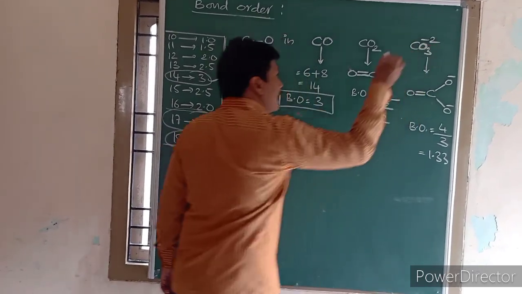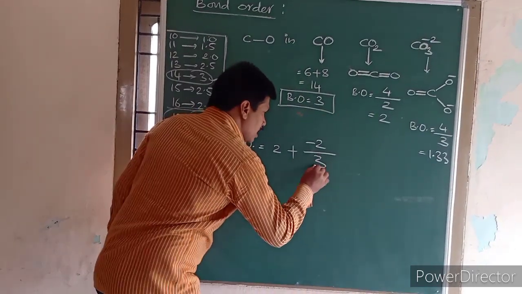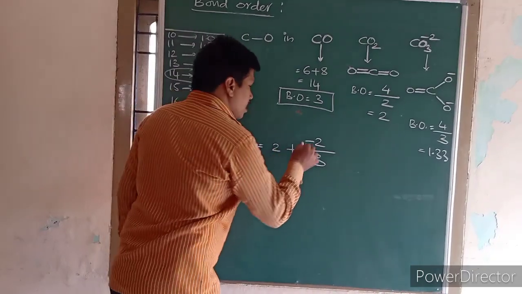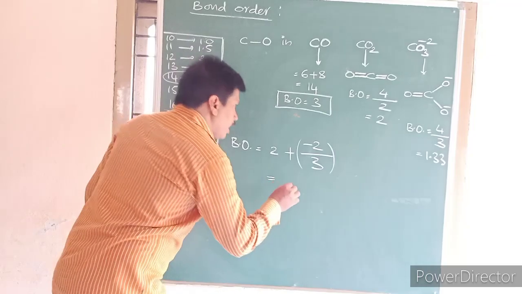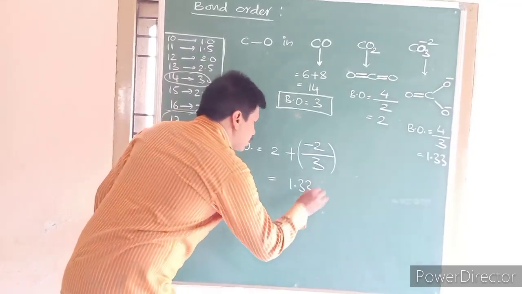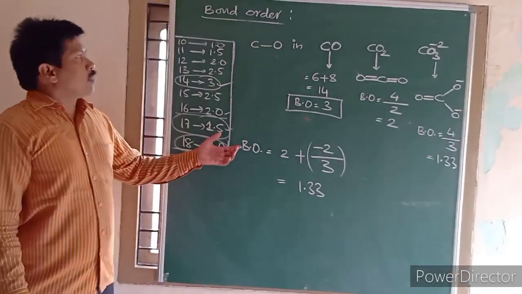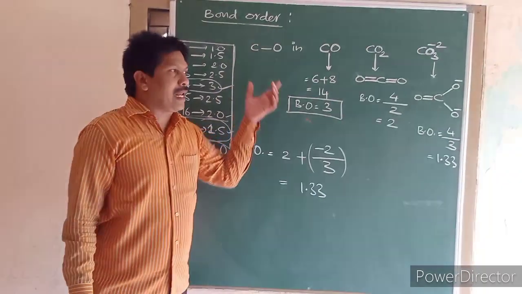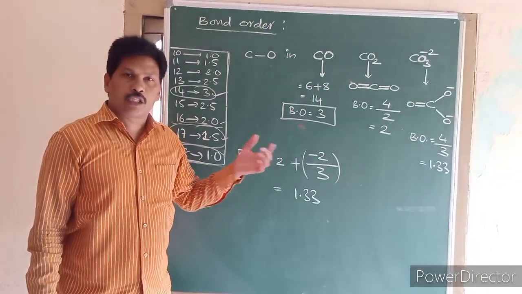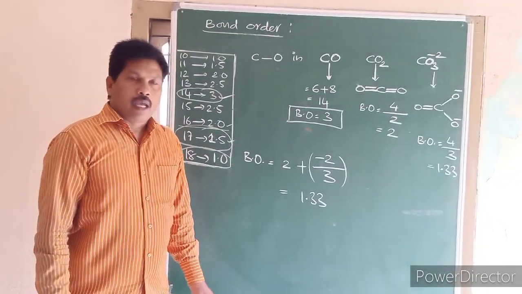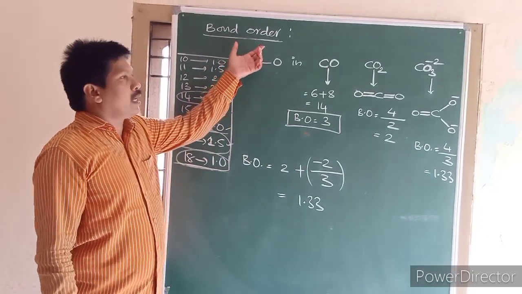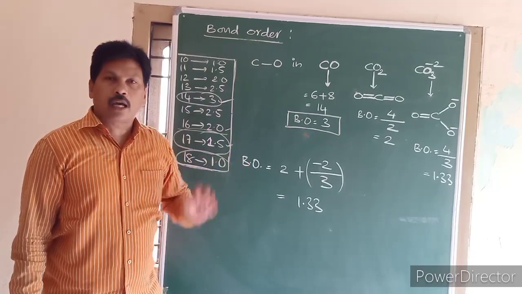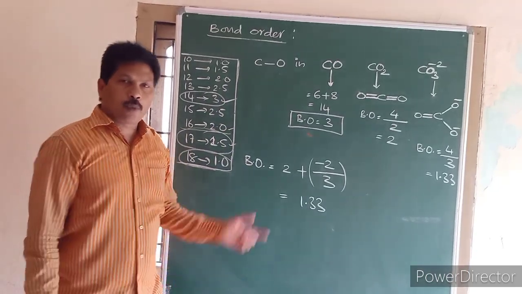How many oxygen atoms are there? 3. That's why 2 plus -2, divided by 3, gives a bond order of 1.33. In this manner, the bond orders are calculated in all these species. And in the next video, we are going to calculate the bond order of CO in the metal carbonyls also. Hope you understood.